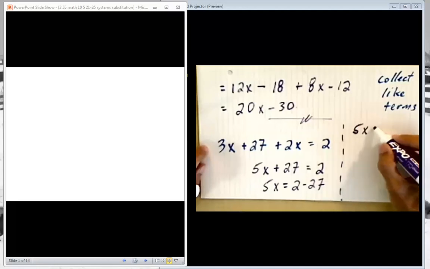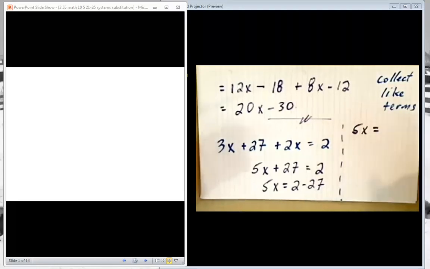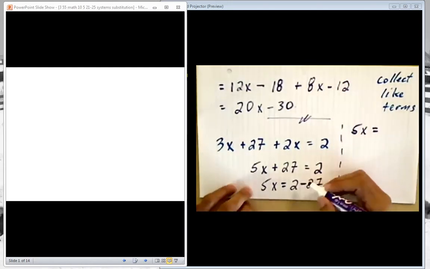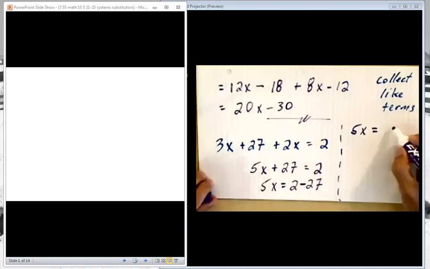Yeah, you're asking me or telling me? I don't know. Zoom says minus 25. Are you sure? What? 2 minus 25? 2 minus 27. What do we get? 25. 25 for sure. Minus 25. Okay, yeah. Good.